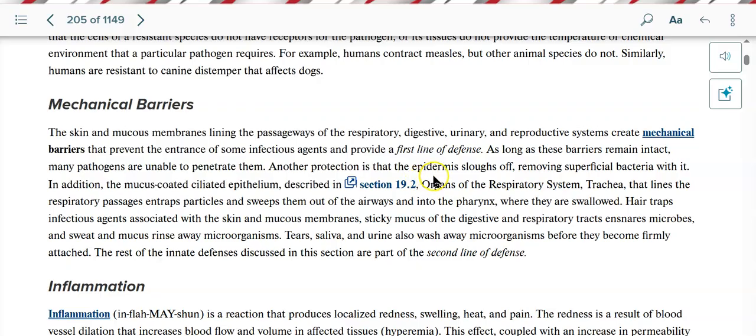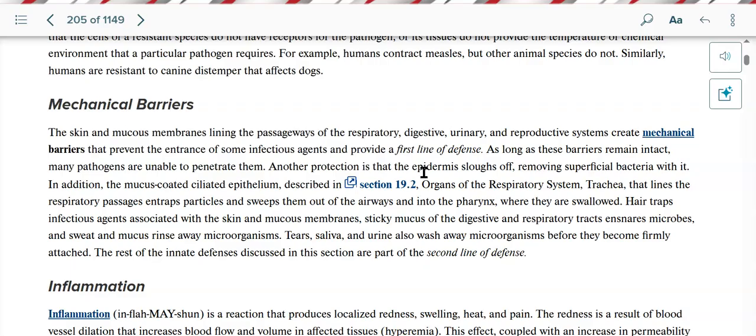Another protection is that the epidermis sloughs off, sheds, removing the superficial bacteria with it. And the mucus-coated ciliated epithelium in the trachea will line the respiratory passages. It will trap particles and sweep them out of the airways into the pharynx so that they can be swallowed.